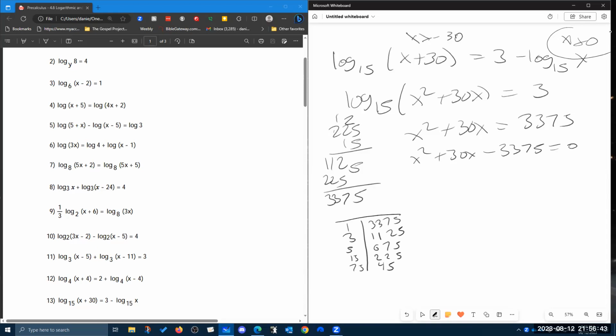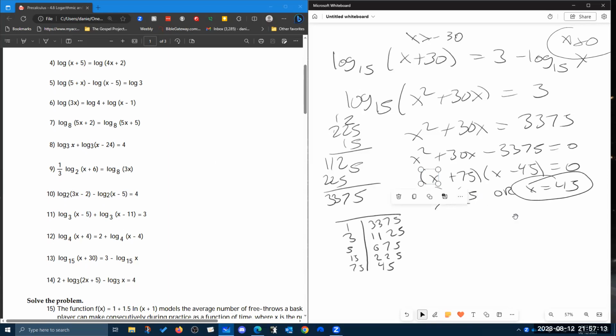There we go. That's what I want. They have a difference of 30. So (x plus 75)(x minus 45) equals 0. X equals negative 75 or x equals 45. I need an answer that's bigger than 0, not an answer less than 0. So x equals 45.